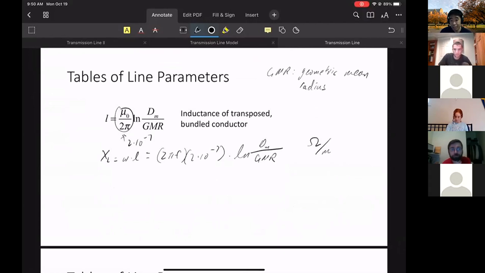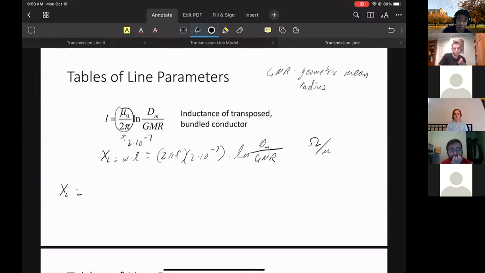So actually, what we can do is, normally we write things this way. Okay, so then this is the SI definition. And then often, because lines are given in miles, a length is in miles, right? So 100 miles, 500 miles, this kind of length. So you can plug in the mile to meter conversion and break up the log, since log of a product is the sum of the logs.